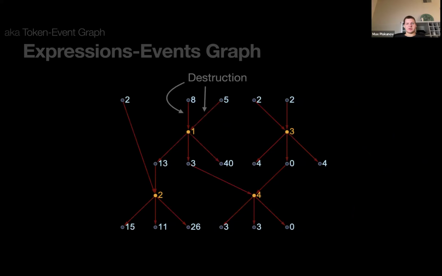To talk about some terminology, each event destroys some expressions and then creates other expressions. For example, event 1 here destroys 8 and 5 and creates 13, 3, and 40, and so on. To figure out what the final state is, we just need to find all of the expressions with an out degree of 0.